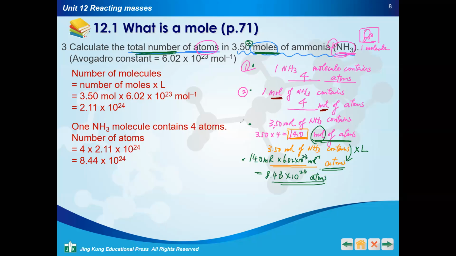And step 3, why do I say so? Because I just want to make one mole as a unit, but I change a little bit the exact number. I want this 3.50, and of course you keep this, and you still need to multiply by 4. So here comes 14.0 mole of atoms. But sadly, you are going to be asked for the number of atoms only. You need not tell how many dozens or how many moles there are.